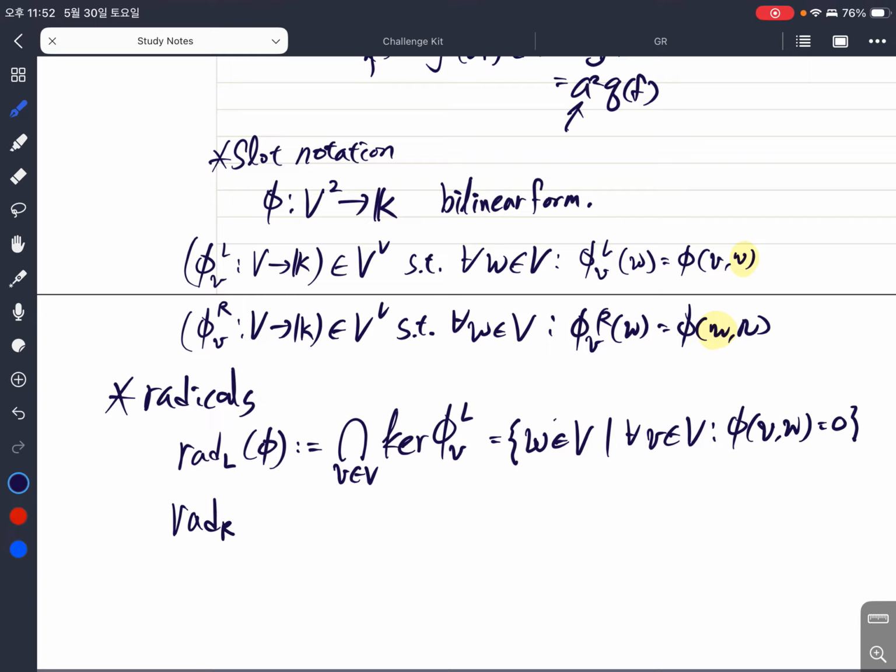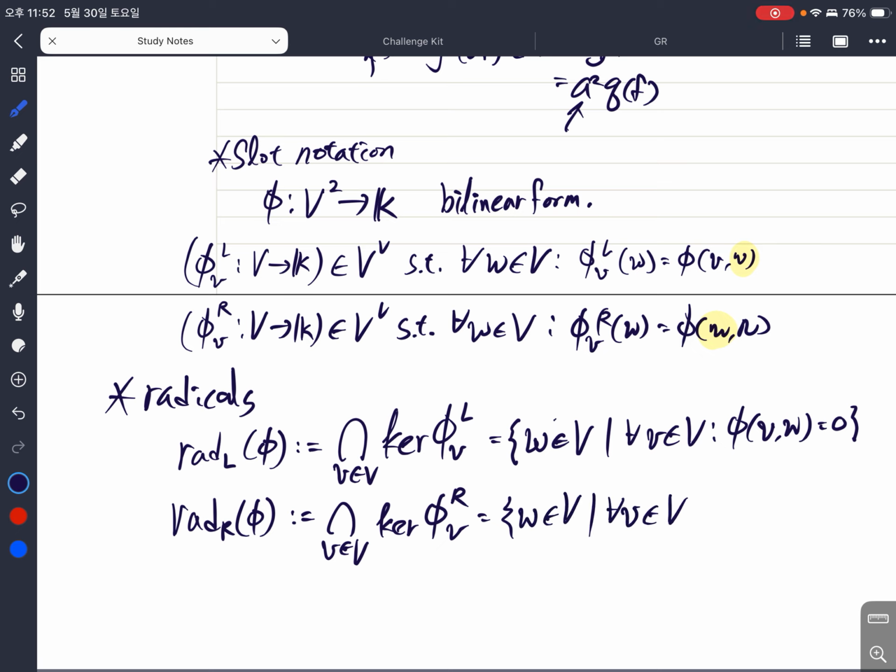The right radical is the same, but with phi(w, ·) instead. So it is just the set of vectors v in V for which phi(w, v) is 0.